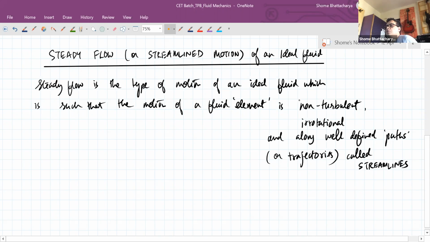You can say it has these three important properties: non-turbulent, irrotational, and along well-defined paths, which we call streamlines. So just note down this definition, then I'll explain each of these points.